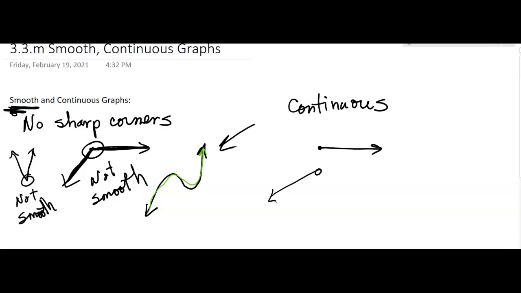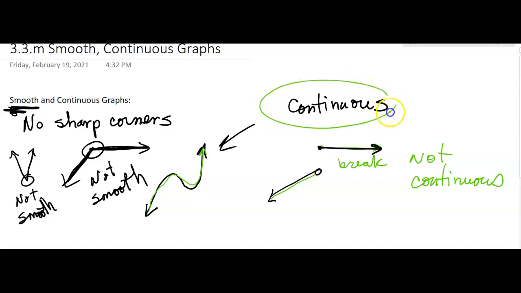If I were trying to trace it, I'd go here, then I have to pick up my pen and start here and go that way. So it has a break. That means it's not continuous. You have to be able to trace the whole thing without lifting your pen, and then it's continuous.